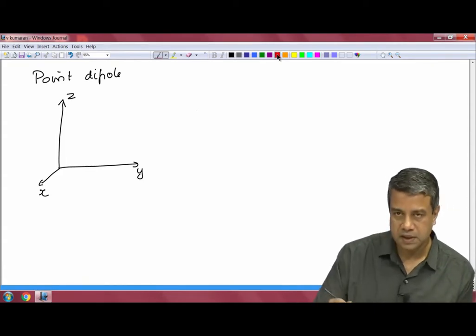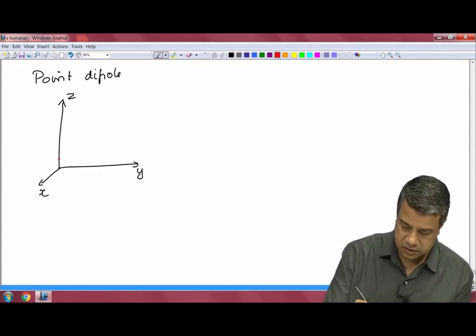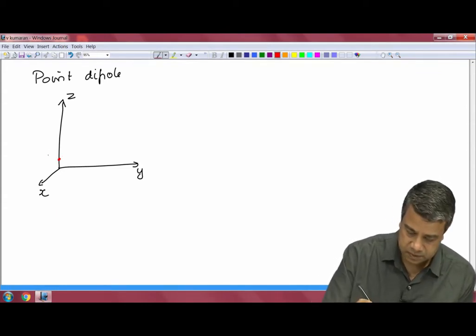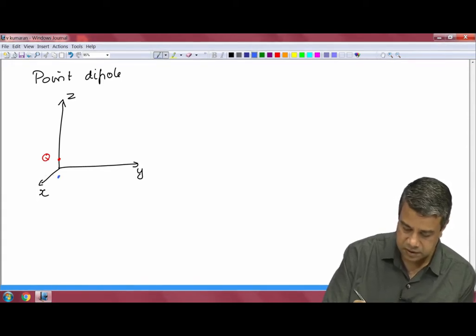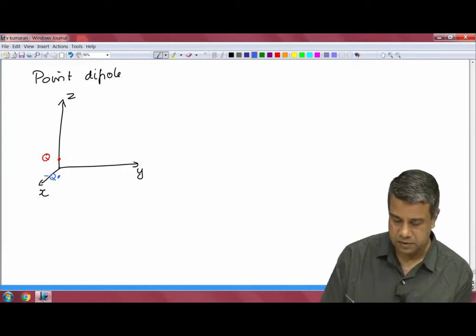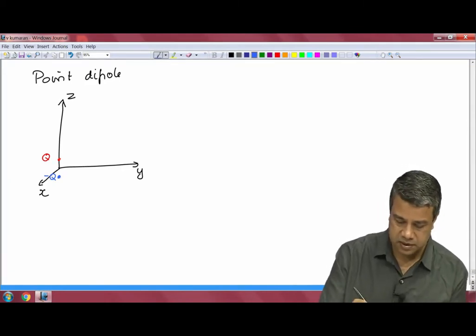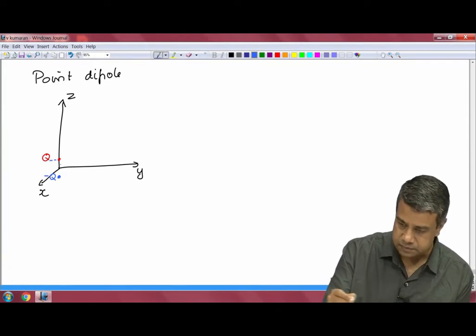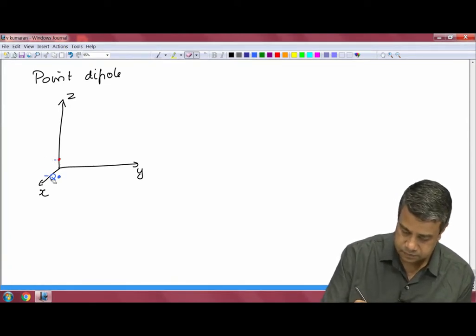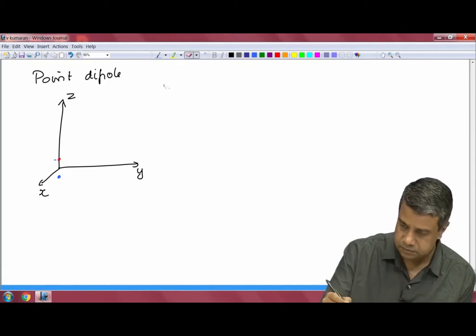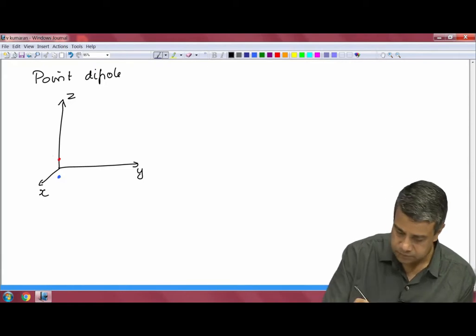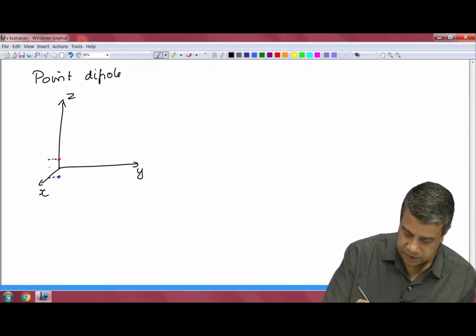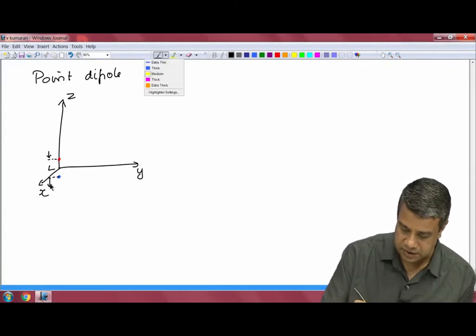Let us say that I have a source of strength plus q and a sink of strength minus q separated by a distance L along the z axis.